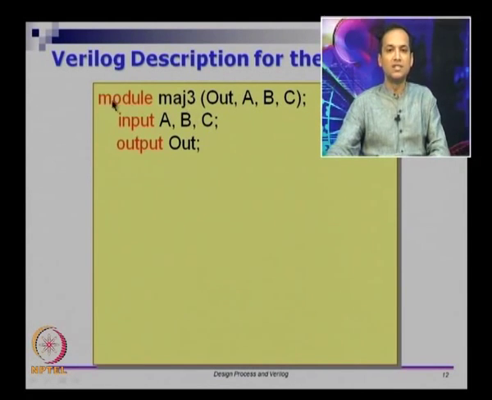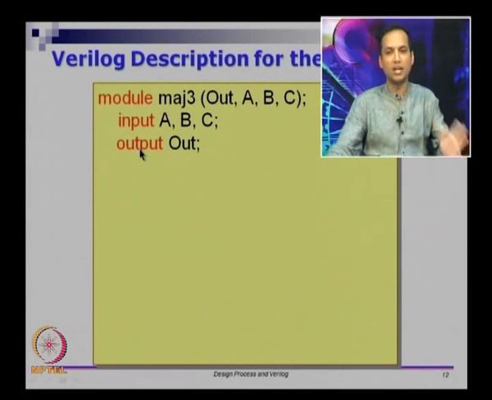As I said earlier, just the interface description is not enough. These are input or output ports, and we have to say whether these are input or output ports. So in this case A, B and C are input ports and out is an output port. That is explicitly described in the lines below that. We only say that there are 4 ports outside, and in these 2 lines we declare whether they are input or output.